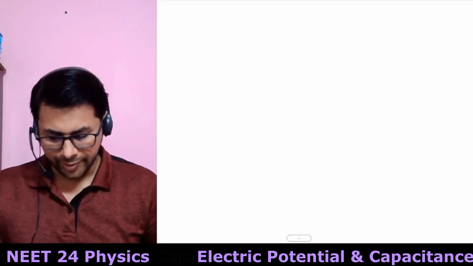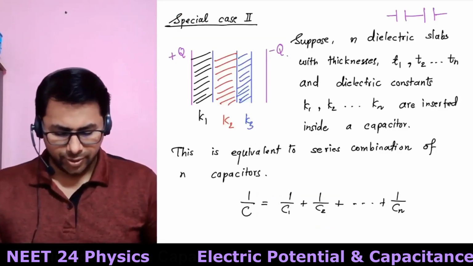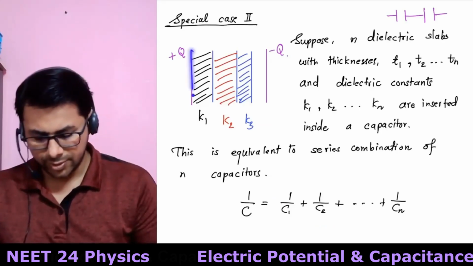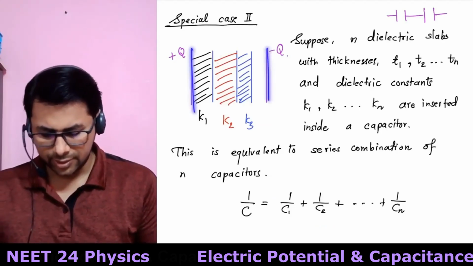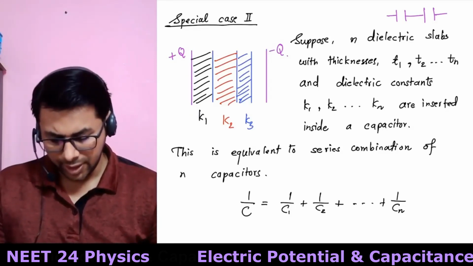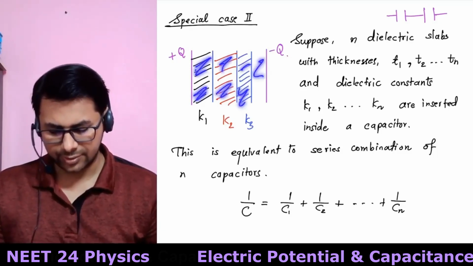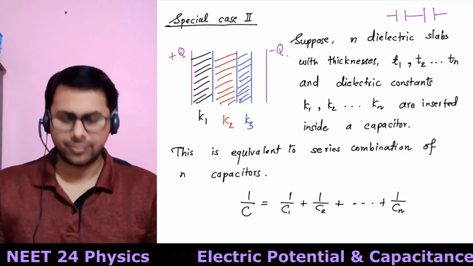Now suppose you have this capacitor, and in between these two plates you insert dielectrics like this. Now what will happen?